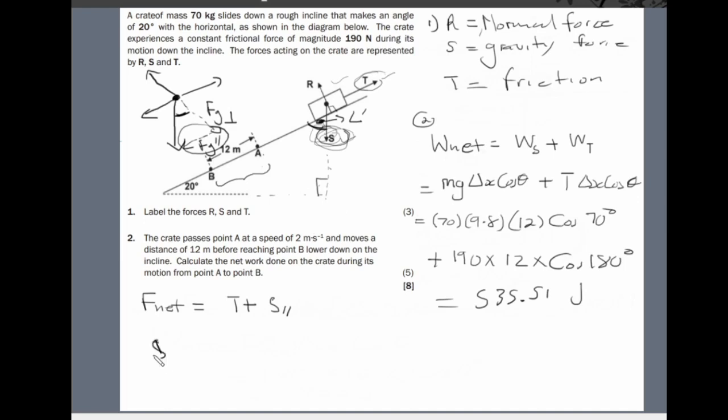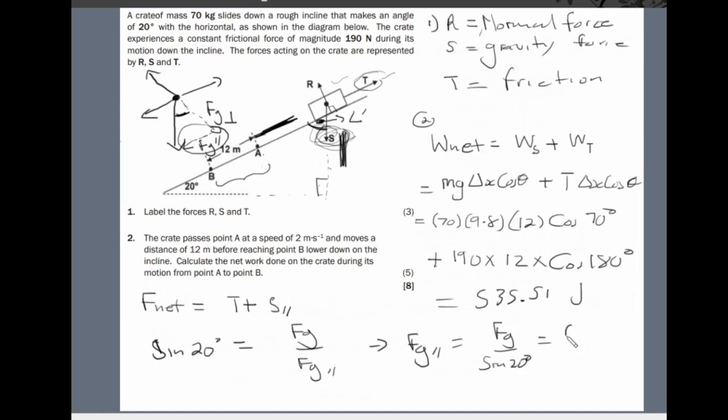This side will be Fg parallel, this side will be Fg. So now we want the magnitude of Fg parallel. Fg parallel will be Fg over sine 20, where Fg is equal to mg, the mass of the object times 9.8, divided by sine 20.